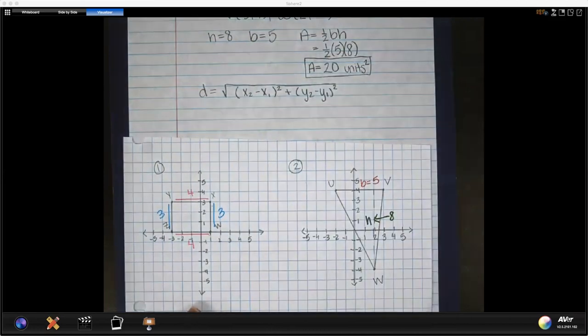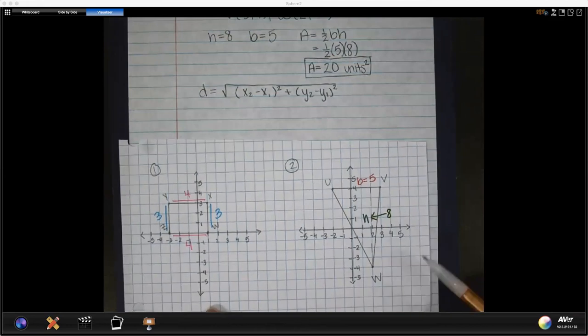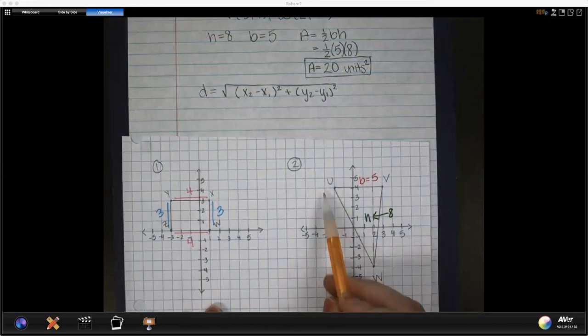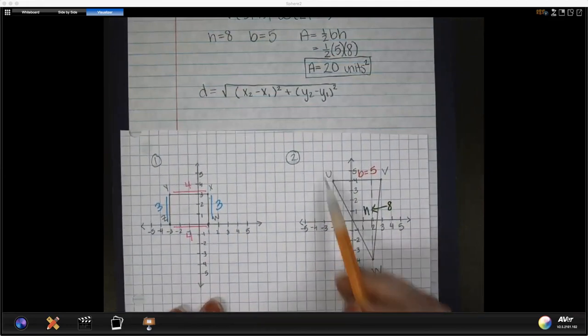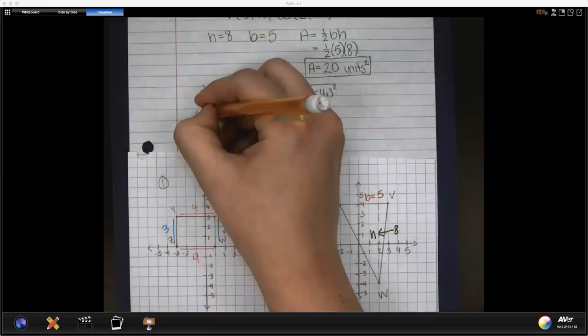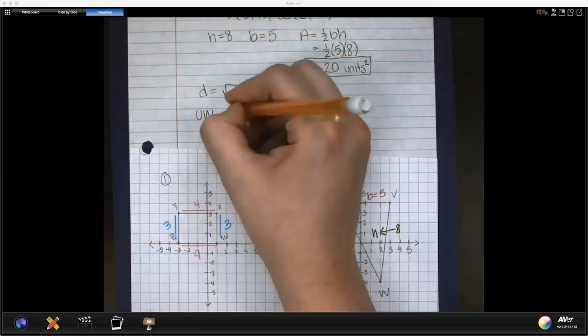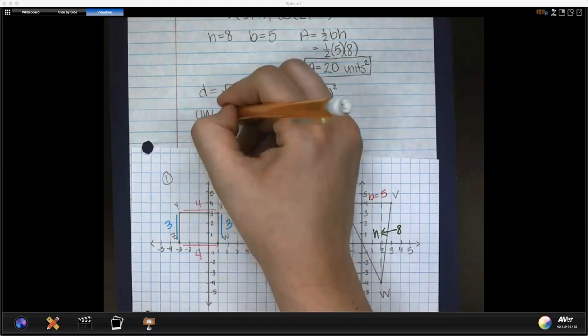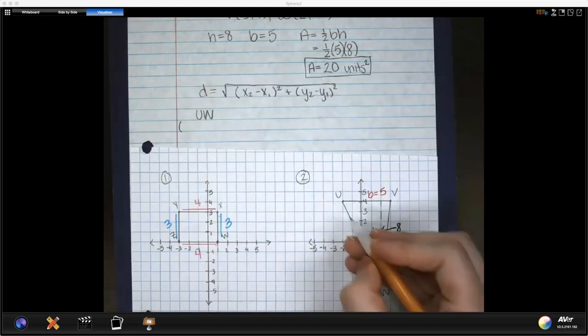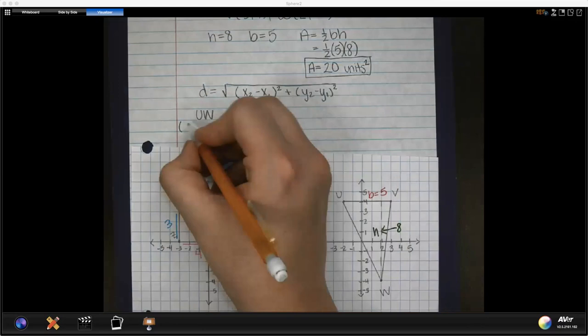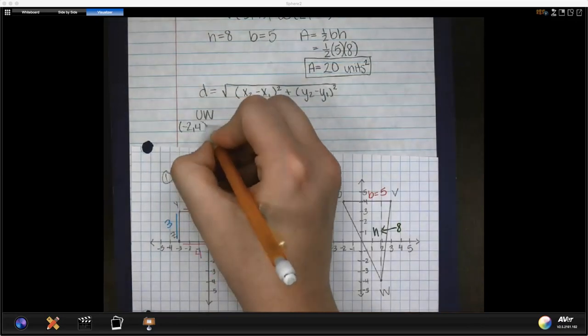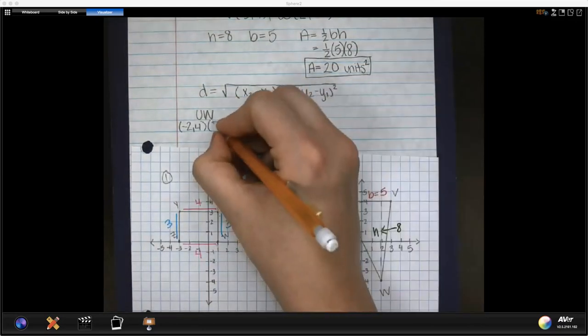So let's start with, it doesn't matter, UW. We're going to start with the left side. I'm going to write down the points to help us down here. So U is -2, 4, and W was 2, -4.